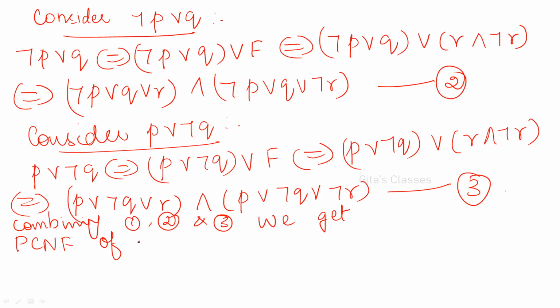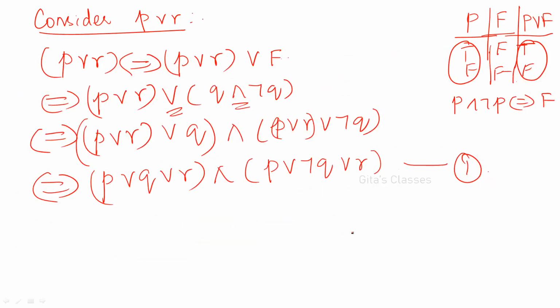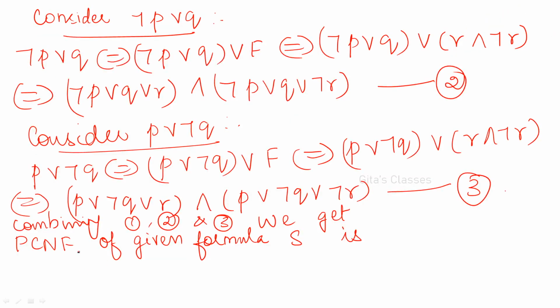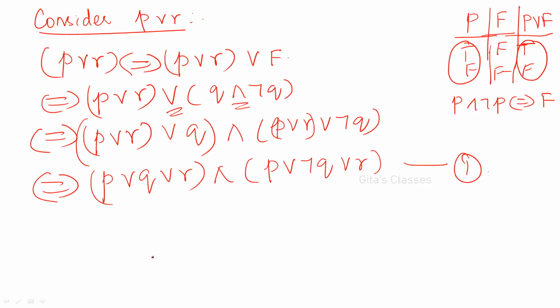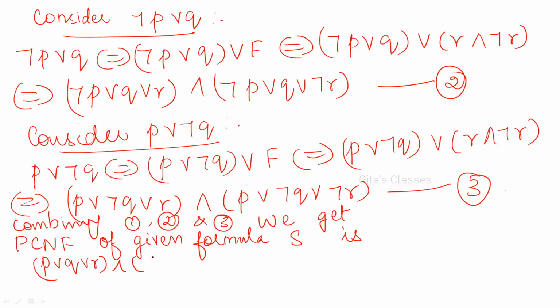Always remember, you assume that the given formula is as given. Yes, you have to write all the 3. So (P∨R∨Q∨R∨R) and (P∨R∨not Q∨R∨R).